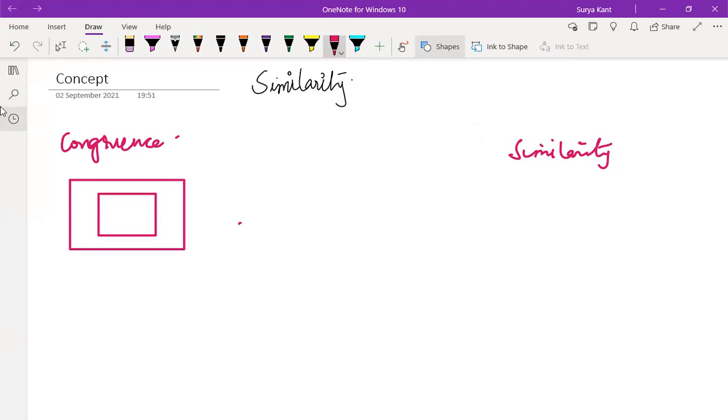Congruent. What is congruence actually? And what is similar then? So congruent will be a normal square.